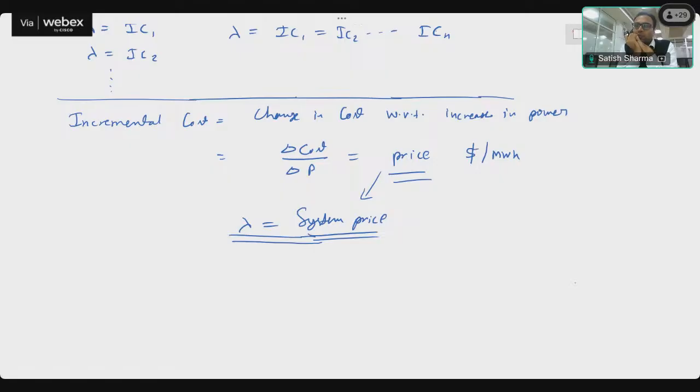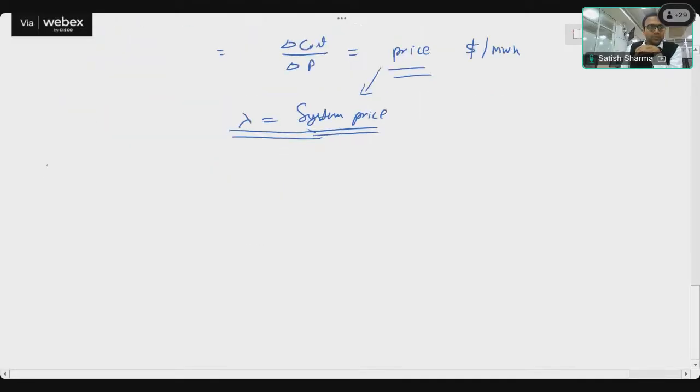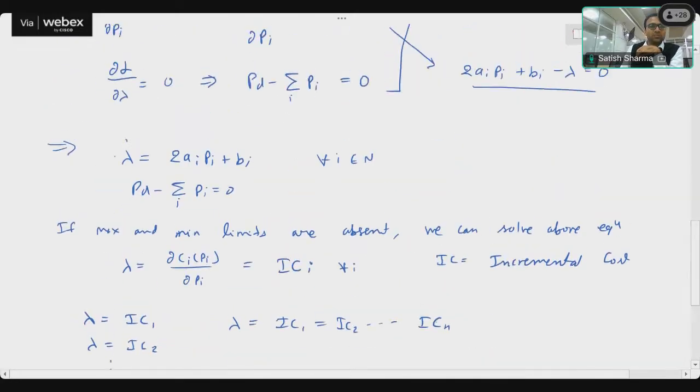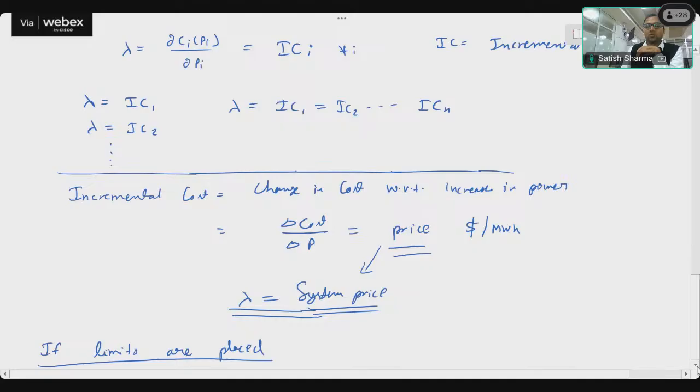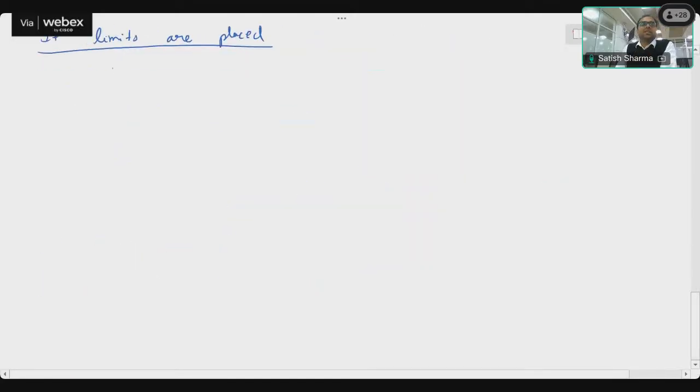Now, what happens if limits are imposed? If you look at this particular equation here, from here we can calculate the power. In the unconstrained case, you will get certain powers P1, P2, P3, the powers of all the generators, and a certain lambda.